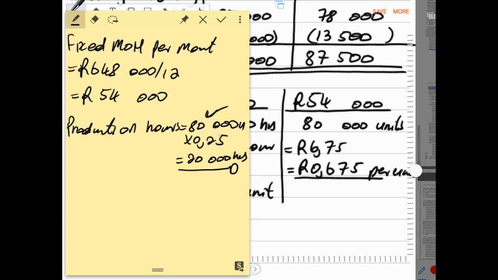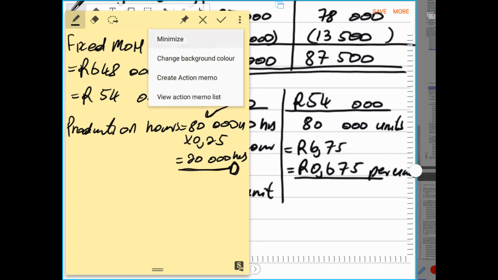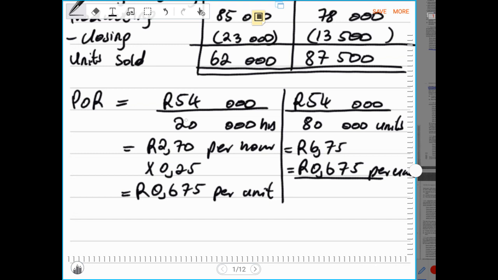It is the number of units to be produced times the number of hours it takes to complete one unit, and that will give us 20,000 hours. And that is the 20,000 hours that we divide with. Therefore, now that will give us the same total of 0.675. Either way you do it, it does not matter.